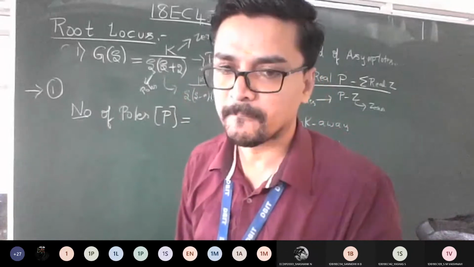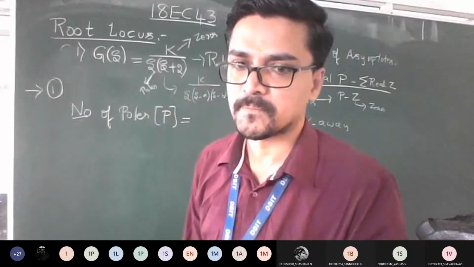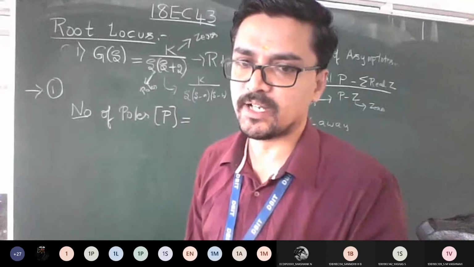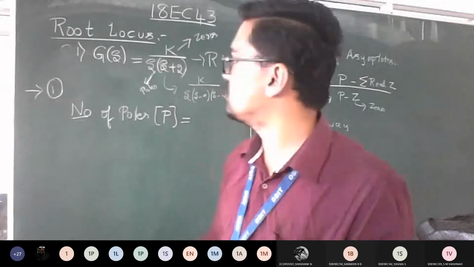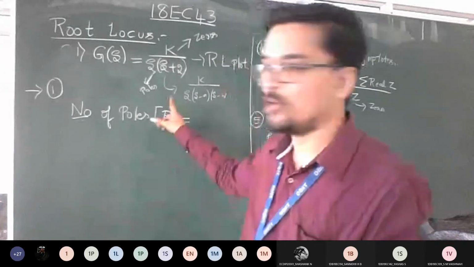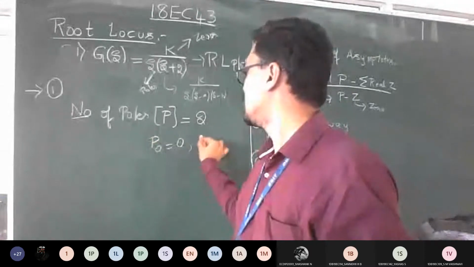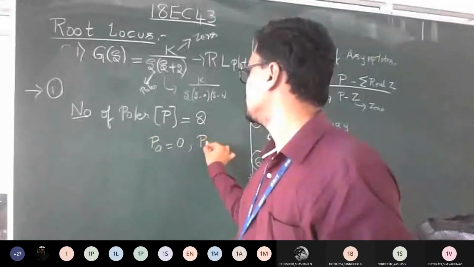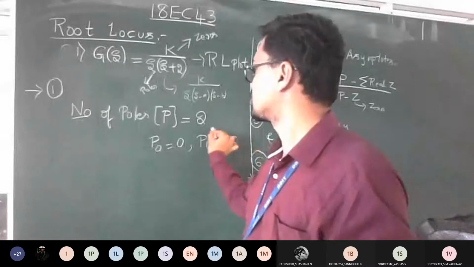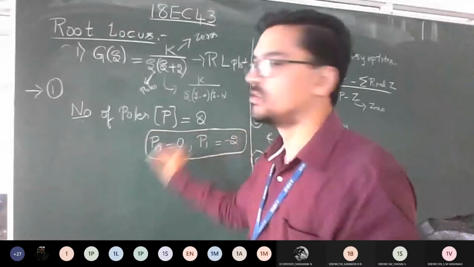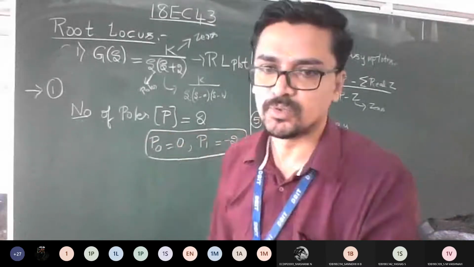Correct or wrong? S into (s plus 2) means how many poles? 2. That is P0 equals 0 and P1 equals minus 2. So the count is 2. Am I clear with this first point?